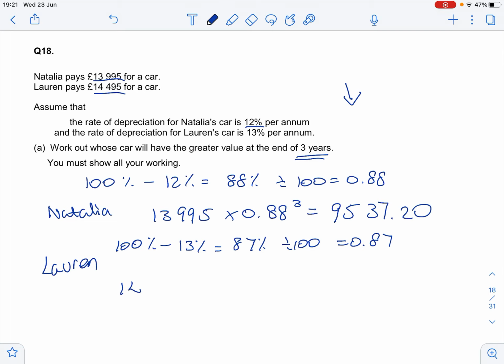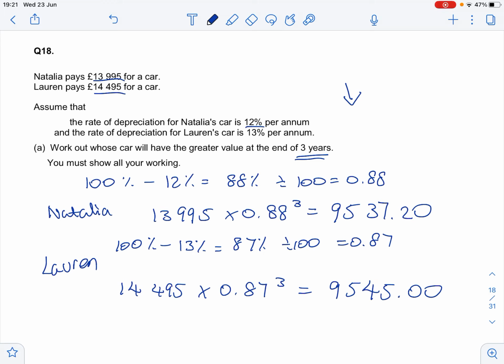Then Lauren's amount is 14,495 multiplied by 0.87 to the power of 3. It's 9545.